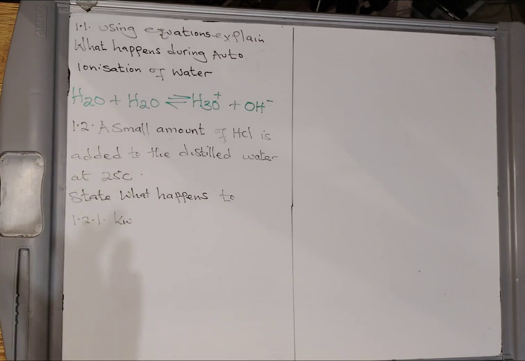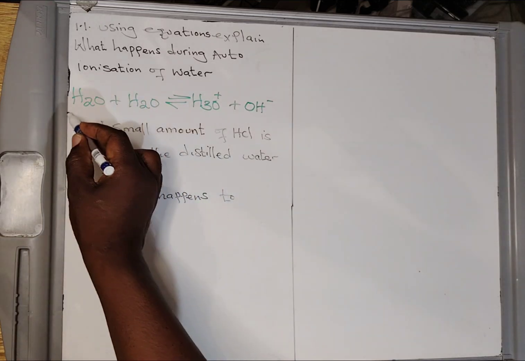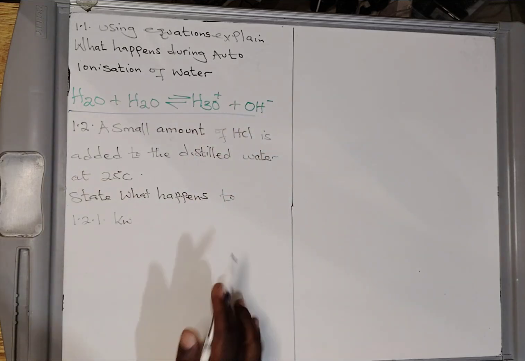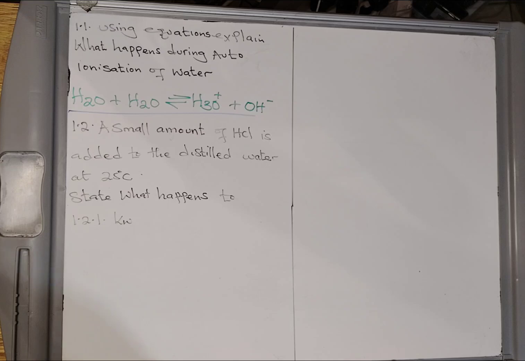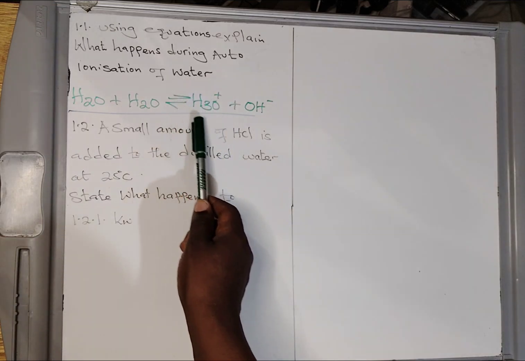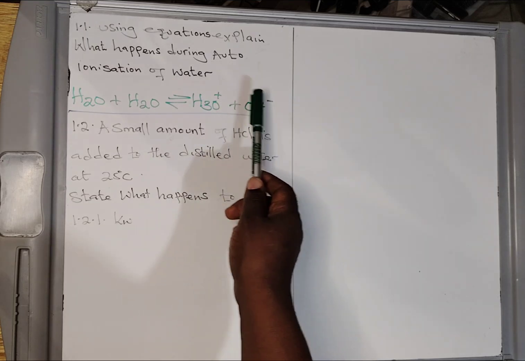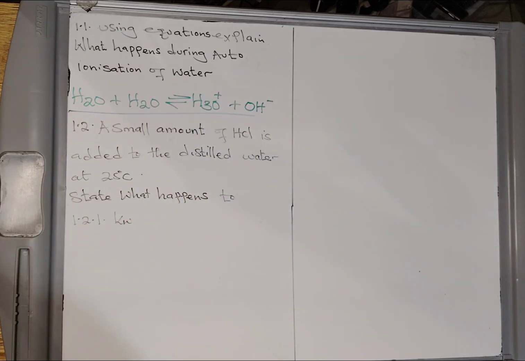Let us first of all explain how it comes about. When you look at our initial equilibrium, there's something you have to know, that water is so weakly ionized.